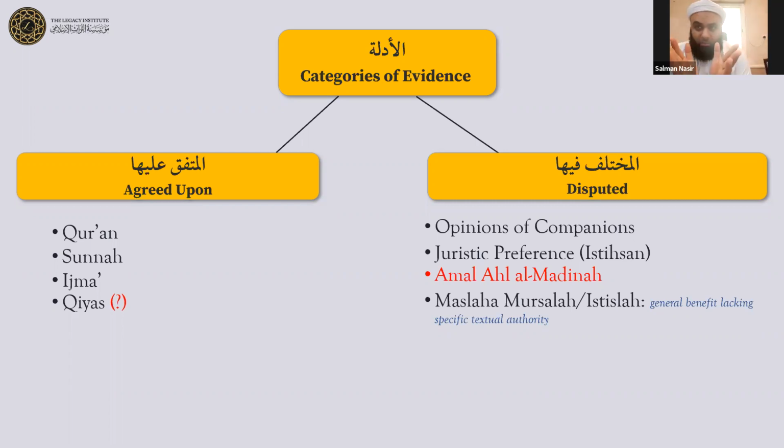In fact, we have from Imam Shafi'i, Imam Shafi'i has dealt with this issue of Istihsan, with this topic of Istihsan, extensively. He rebuts the usage of Istihsan in his famous al-Risala. Al-Risala, of course, as you know, is his famous work on Usul Fiqh.